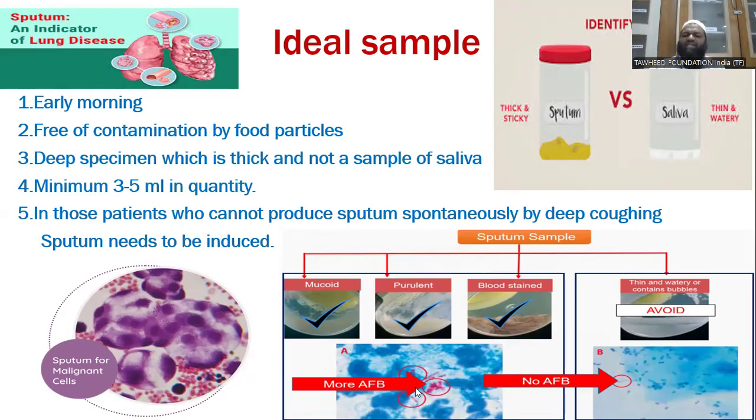If this type of bacilli is found, we can say the patient has an infection of AFB, acid-fast bacilli, nothing but Mycobacterium tuberculosis. Again, such things, if you note it down in the smear, no AFB. So we need to differentiate properly and diagnose them properly.